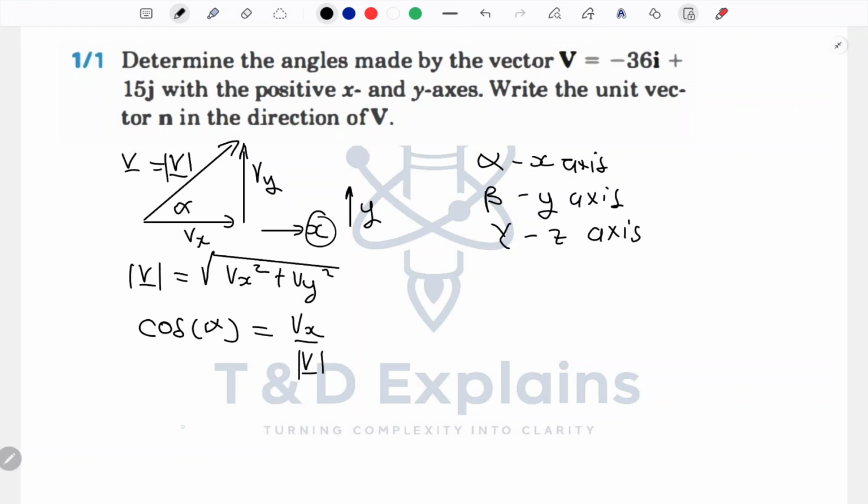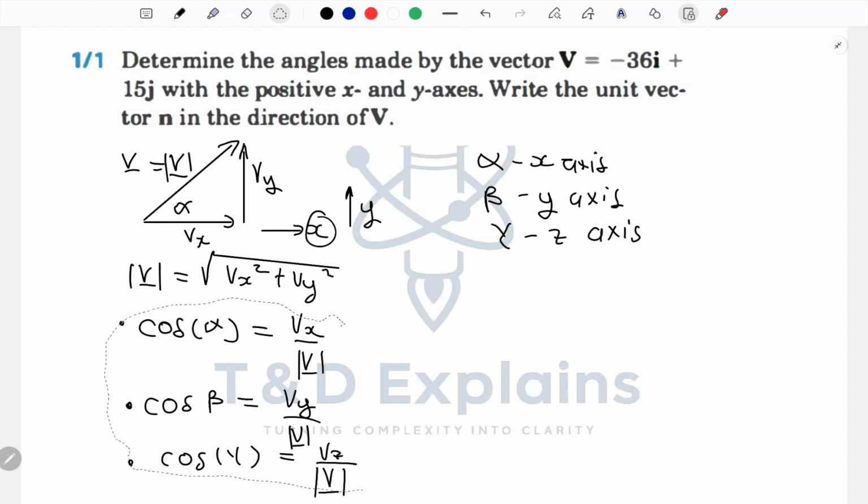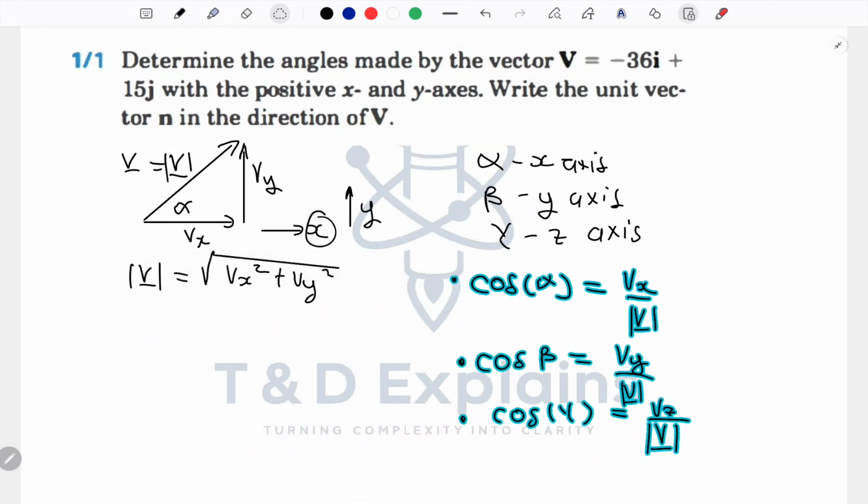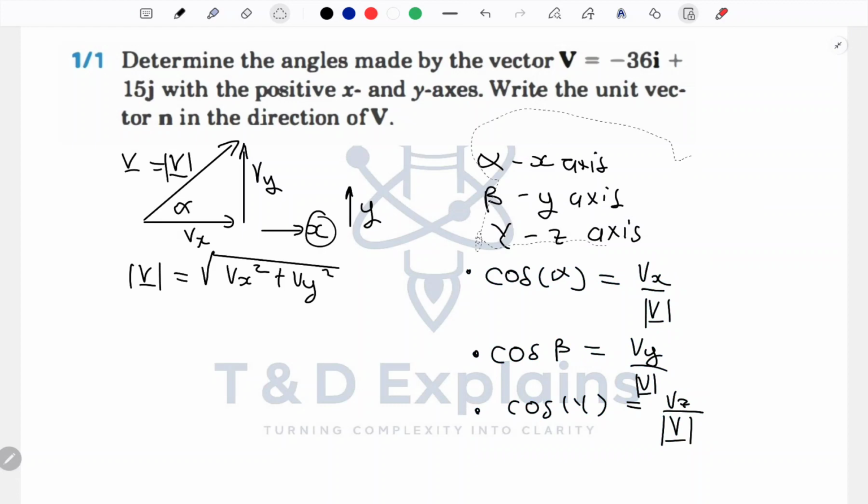Similarly you can show that cos of beta is equal to vy over the magnitude of v, and ultimately cos of gamma is equal to vz over the magnitude of v. And these are our direction cosines. We can use this to get the angles which the question is asking for.